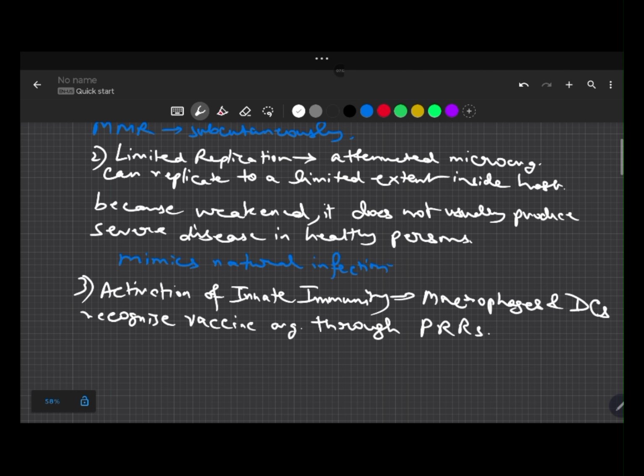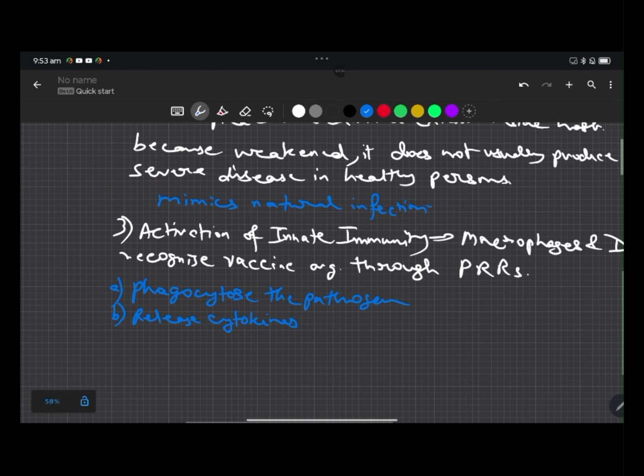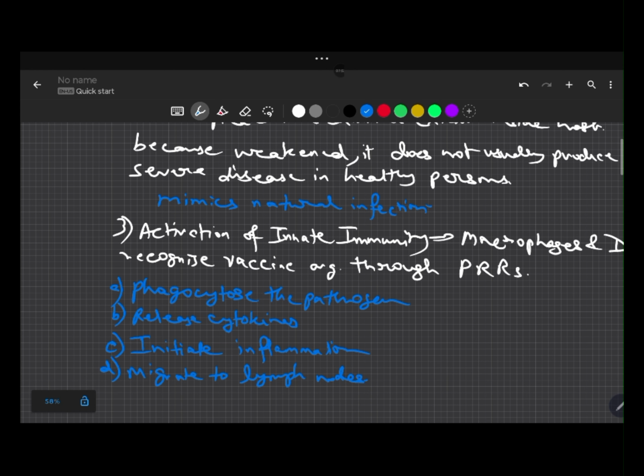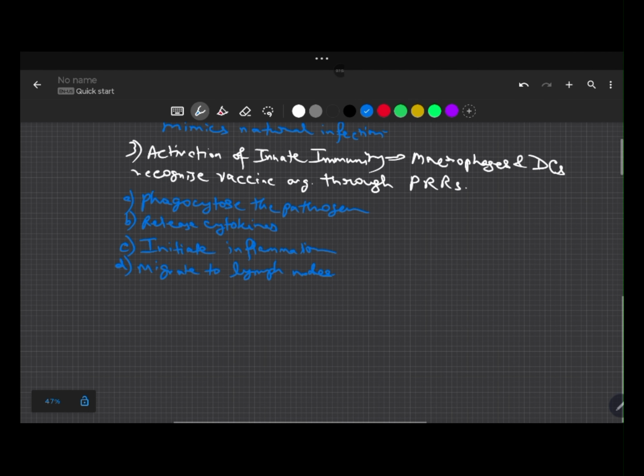Okay, so what do these cells do? They phagocytose the pathogen, release cytokines, initiate inflammation, and migrate to lymph nodes. Okay, so this is the third step.